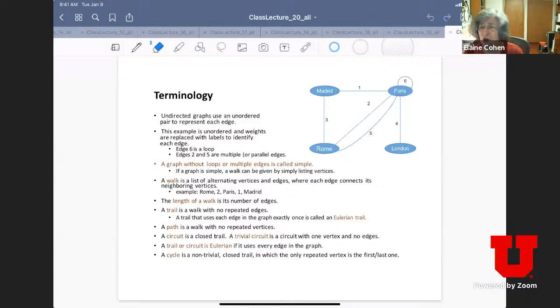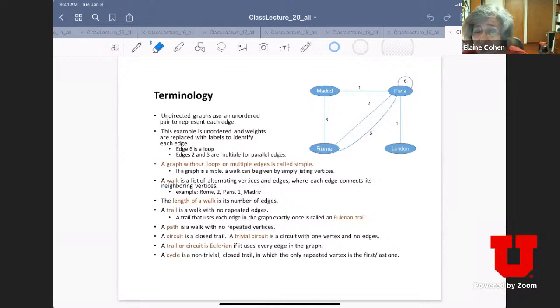So a graph that doesn't have directions attached to its edges is called an undirected graph. And the way they're represented is by an unordered pair. And you say, wait a minute, pair sounds ordered. No, an unordered pair you can represent as a set of the two elements that make up the edge. Like in this case, we might write curly brace Madrid, comma, Paris, end of curly brace.